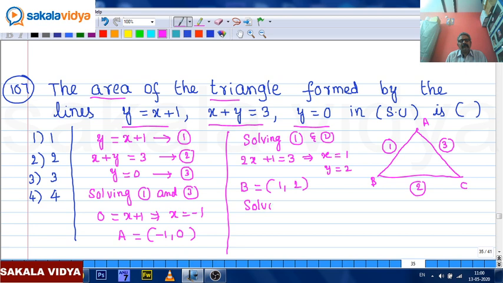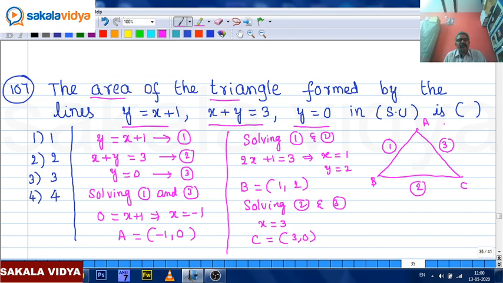Solving 2 and 3, put y is equal to 0 in 2, x is equal to 3. Therefore, C coordinates are 3 comma 0.